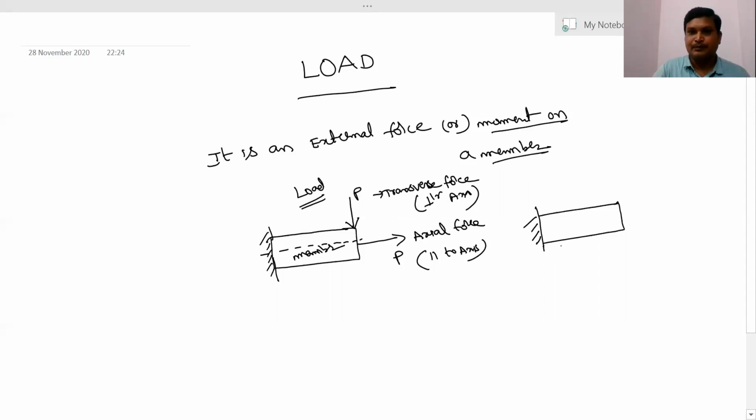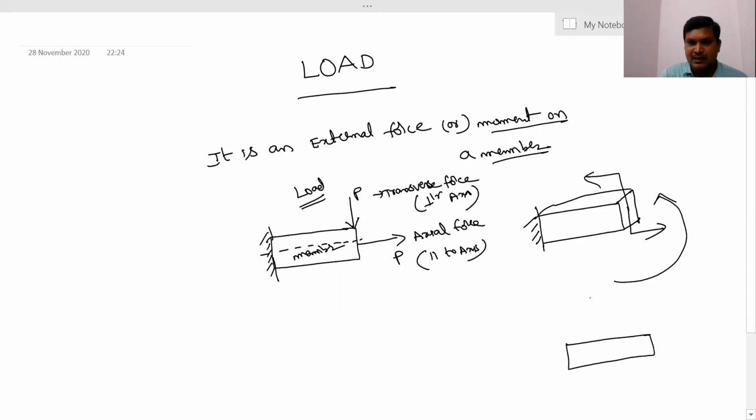For example, I'm taking a 3-dimensional member. Is it clear? I'm applying the force like this, in this way, on this way. So what happened? The member may be rotating. This is a moment. This member may be twisting like this.